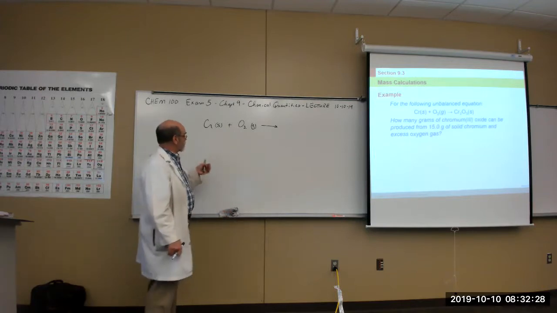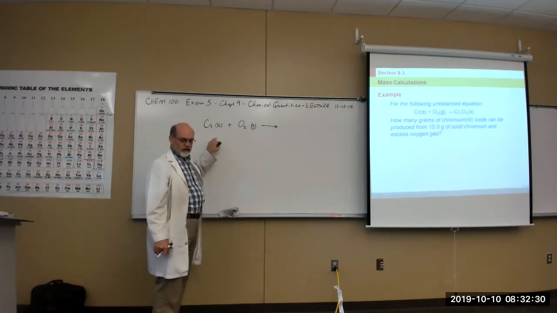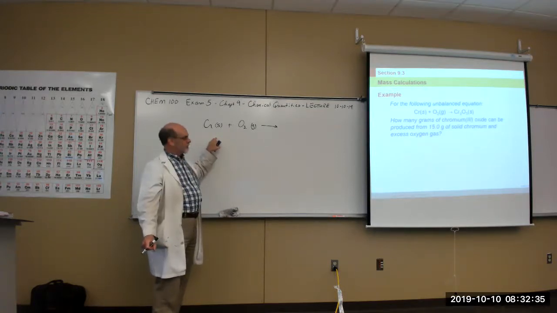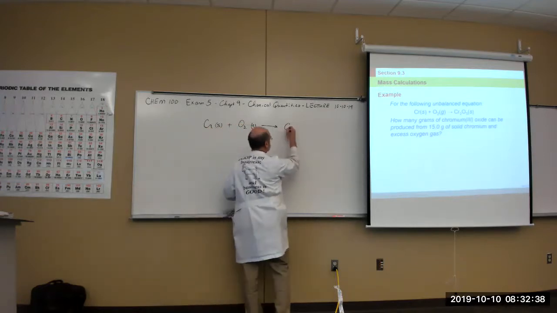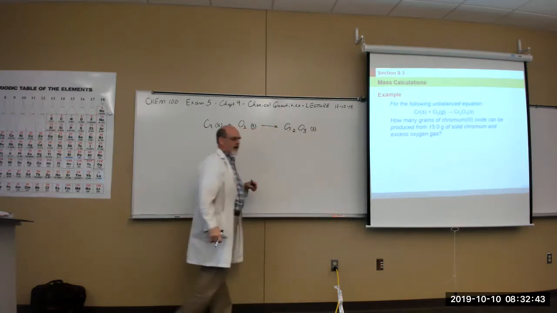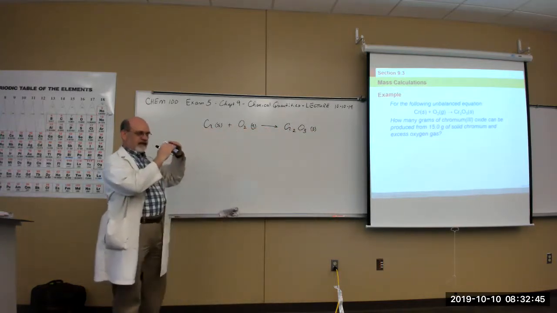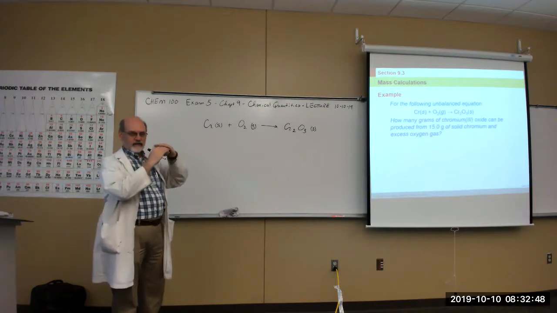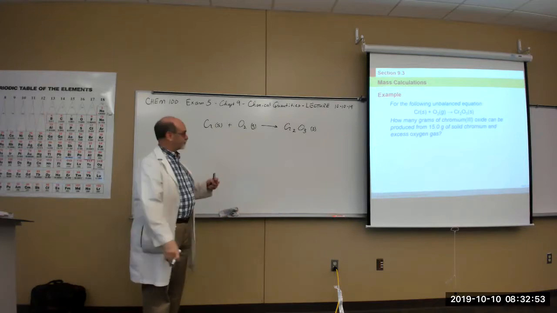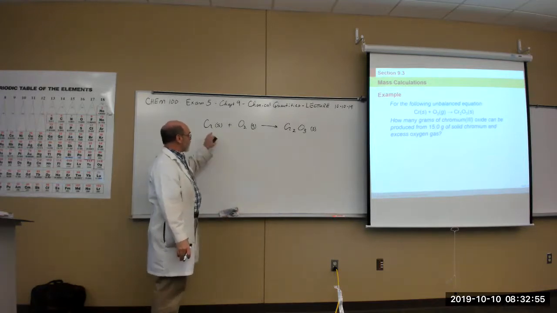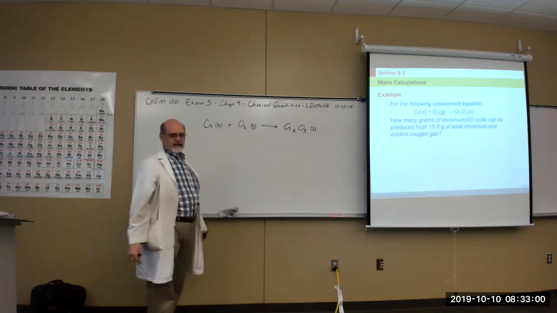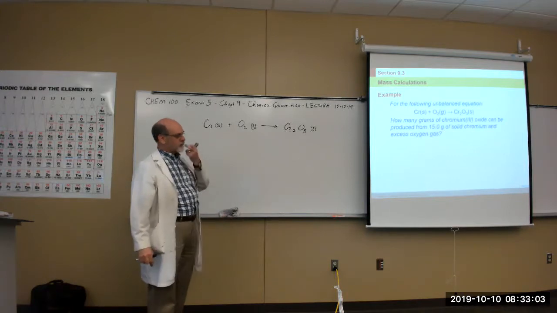The reason it doesn't rust is it's got chromium in it, and the chromium reacts with oxygen instantly to form this oxide of chromium. It happens so fast that it forms a very thin layer right on the surface of the stainless steel. So thin that it still looks shiny. So this reaction happens extremely fast. You scratch the steel, it instantly heals with this reaction.